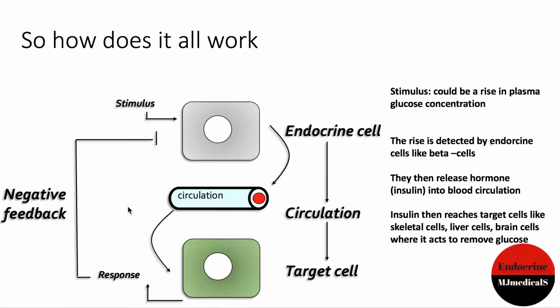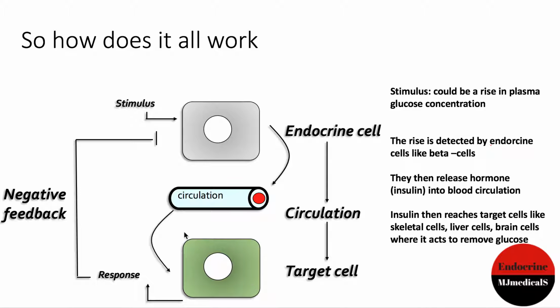So they bring about a biological response, and this could be to take up more glucose, or the liver could convert some glucose into glycogen and store it for later use, and various different things. It can increase the body's metabolic function, so therefore you're metabolizing more, so therefore you require glucose for respiration, so it takes up the glucose from the plasma concentration.